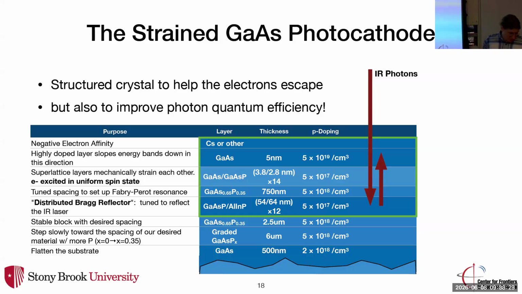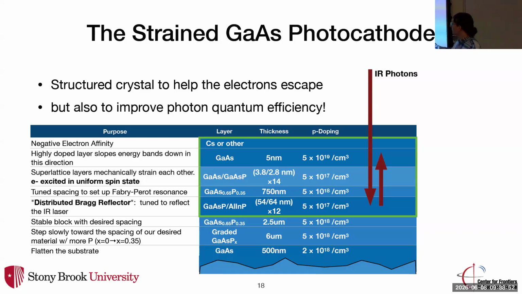This is the material that is carefully engineered to split its valence structure, its conduction valence structure enough that our light will excite only one spin state of the electrons. And then the top of this is a cap to strongly encourage those electrons to leave.